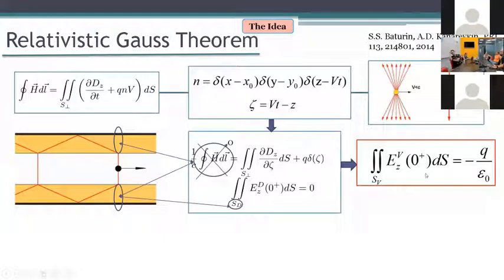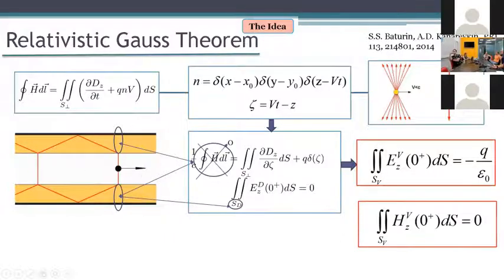The interesting observation here is that EZ is purely from the radiation. That's the radiation field. It's a reduced form of the Gauss theorem. You can get it straight out of the Gauss theorem with more or less the same considerations. The other part is another Gauss theorem for the magnetic field.